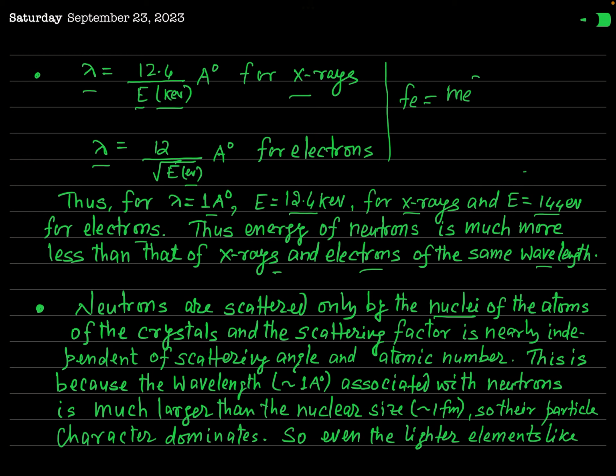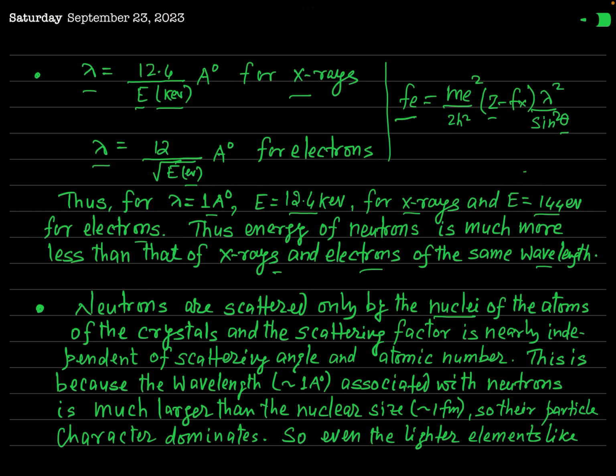This was given by Mott, and this formula is me squared divided by 2h squared times (Z minus fx) times lambda squared over sine squared theta. And you have seen and discussed in the previous lecture that this scattering factor Fe for electron strongly depends on this theta and Z.